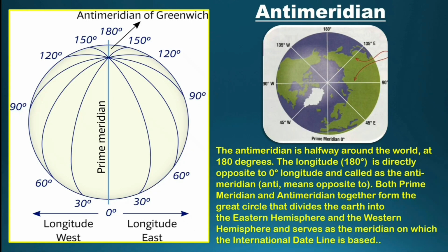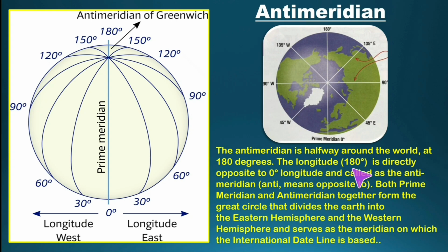Here we are going to learn about the anti-meridian. Look at this picture. This is the prime meridian. Opposite to that, there is the anti-meridian, that is the 180 degree longitude. The anti-meridian is halfway around the world at 180 degrees.